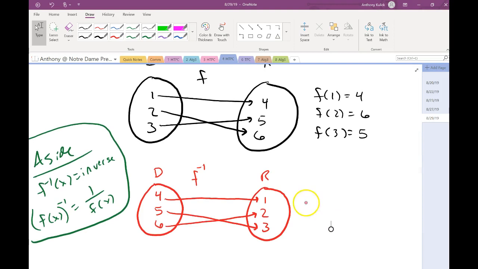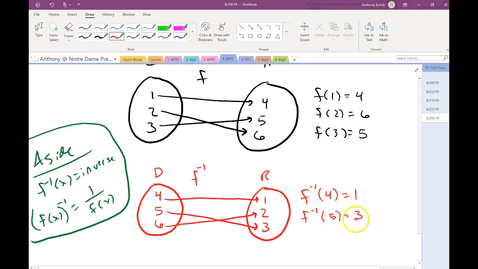So if I write out this function using function notation, I would say that f inverse of 4 is 1, f inverse of 5 is 3, and f inverse of 6 is 2. Everybody agree with that?